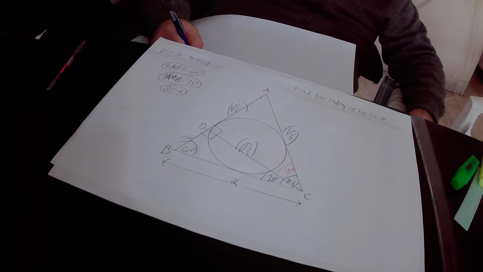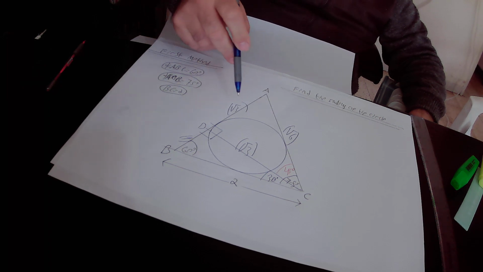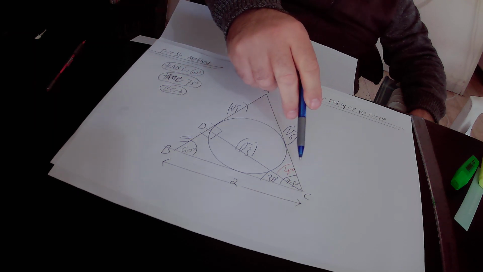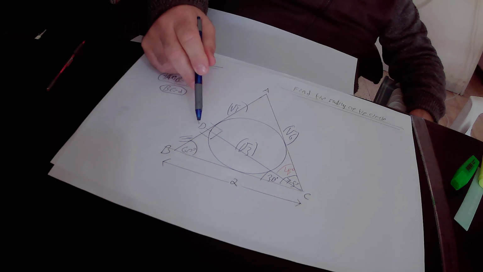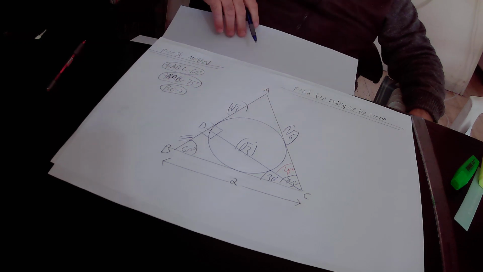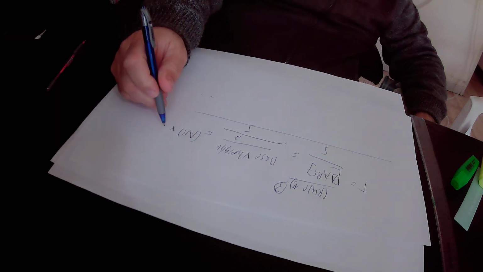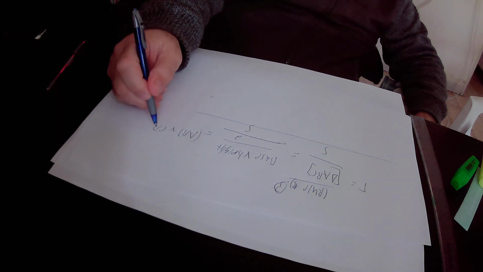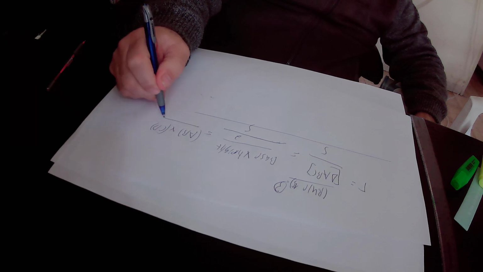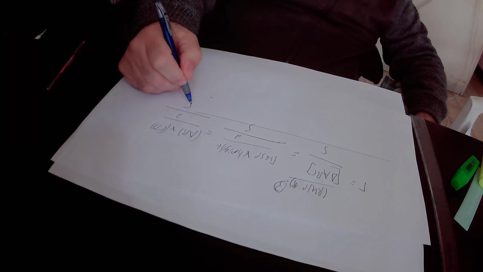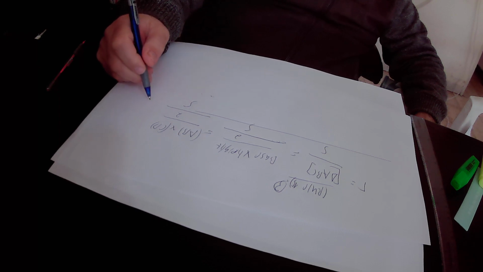So the base is AB times the height. The height must create 90 degrees with the base AB. CD creates 90 degrees with the base, therefore CD is the height. Again, the base is AB times the height to the base CD divided by 2, all divided by the semi-perimeter of the same triangle.